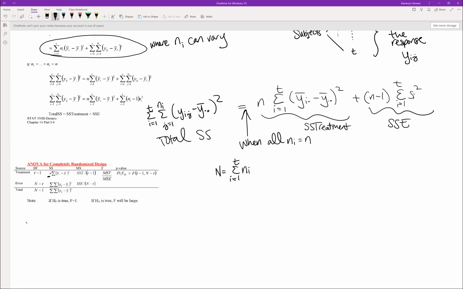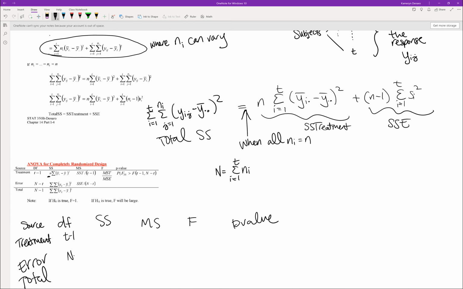Okay, so we have source, degrees of freedom, sum of squares, mean squares, F, and our p-value. Our source here, you have the treatment, error, and total. The degrees of freedom are t minus 1, n minus t, n minus 1.